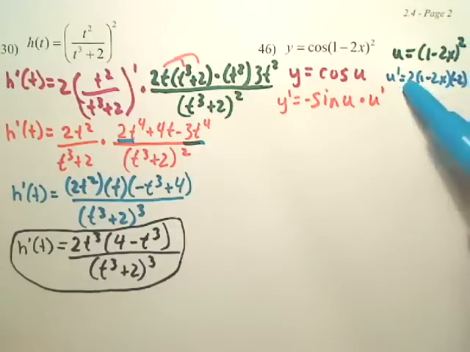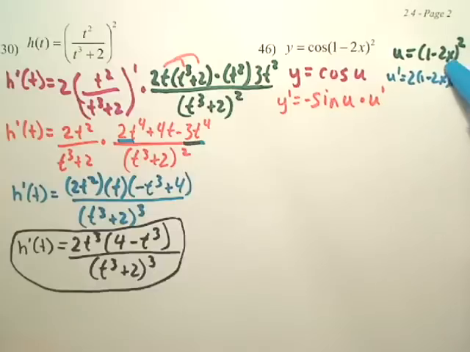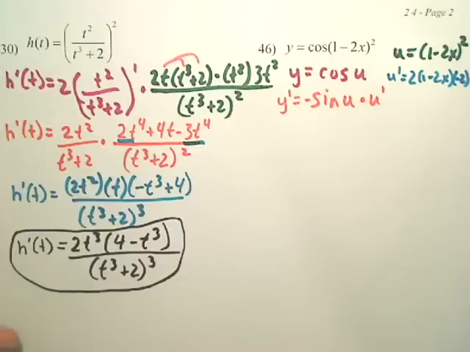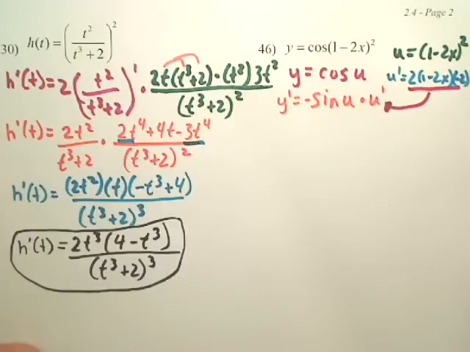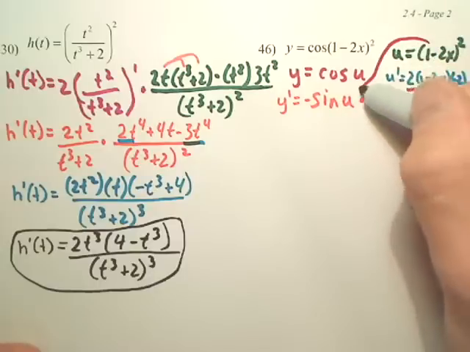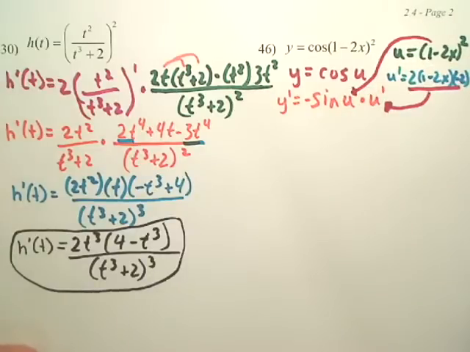Again, you take the 2, bring it out front, leave the inside, that'd be a first power, and then you derive the inside, you get negative 2. So, do you understand this is going to go right there? Do you understand this is going to go right there?